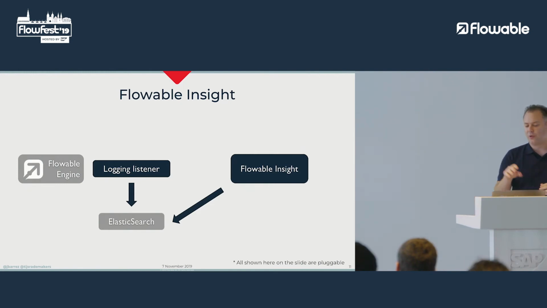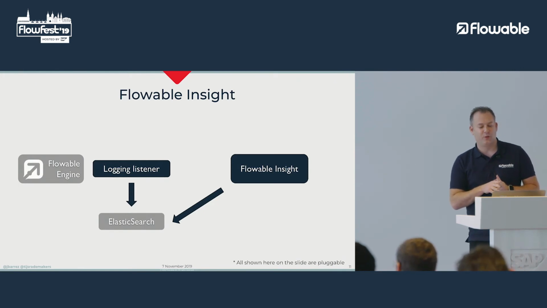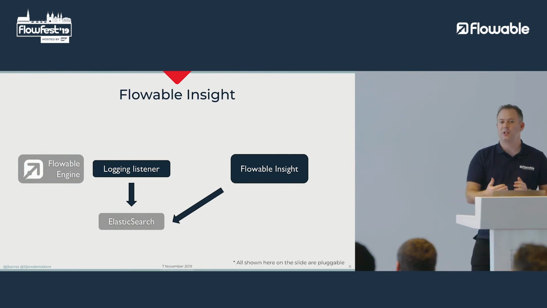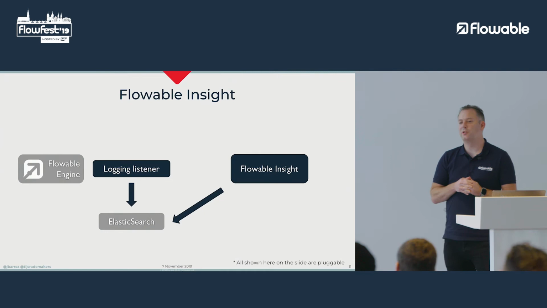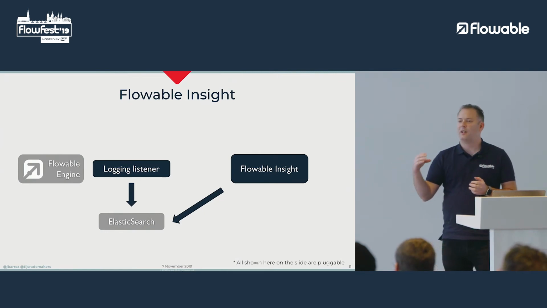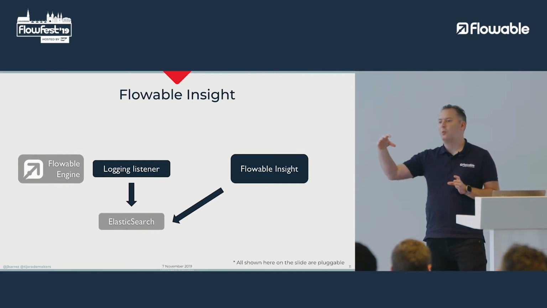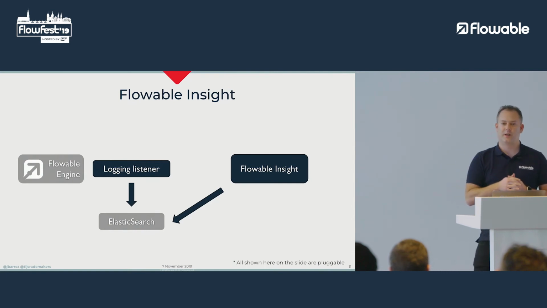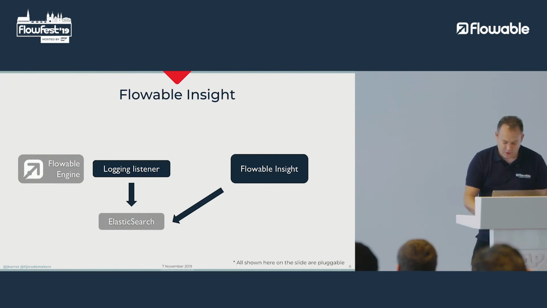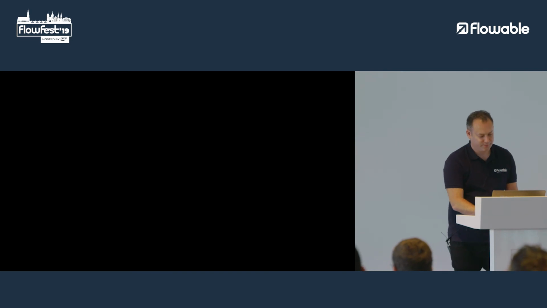Flowable Insight will be part of the product offering of Flowable at some point. So this will not be made open source, but it's using the open source pluggability points that I just mentioned. So what we did is we implemented the logging listener that pushes all the log events to Elasticsearch, and then Flowable Insight works against Elasticsearch to be able to visualize everything in the tool. So I would like to show that in a short demo.